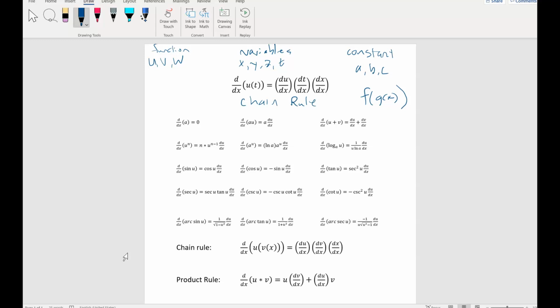So if we're taking the derivative of u with respect to x, but it's in terms of t, that means we're going to have to take the derivative of u with respect to t, then we take the derivative of t with respect to x, and then we take the derivative of x with respect to x, which of course would just be 1, because we're saying how does x change compared to how x changes. That would just be 1. It's a one-to-one correspondence.